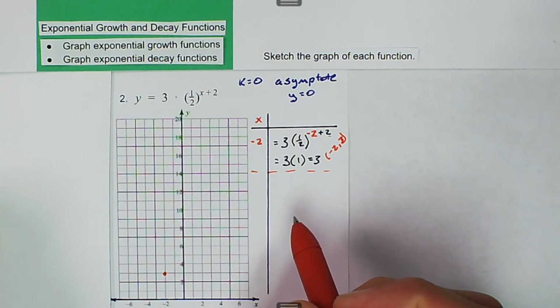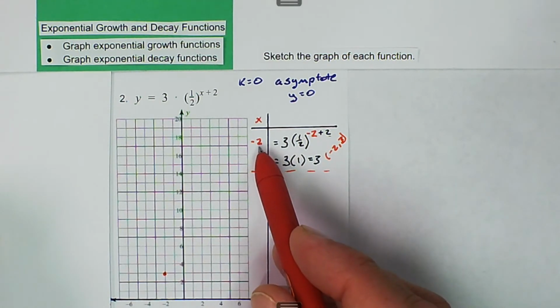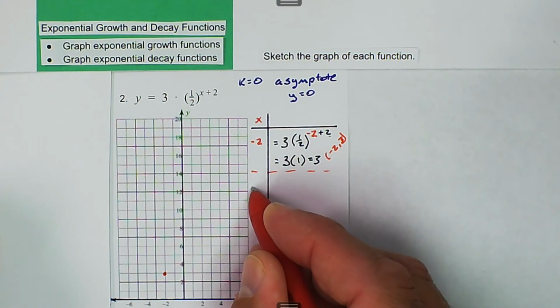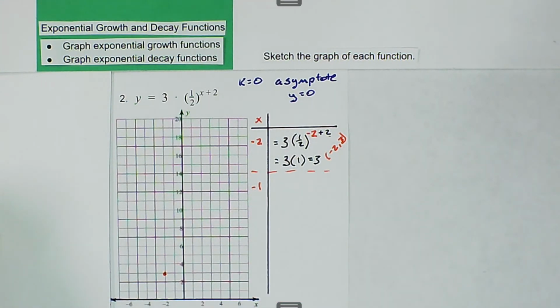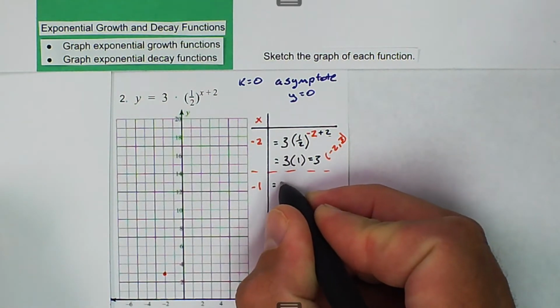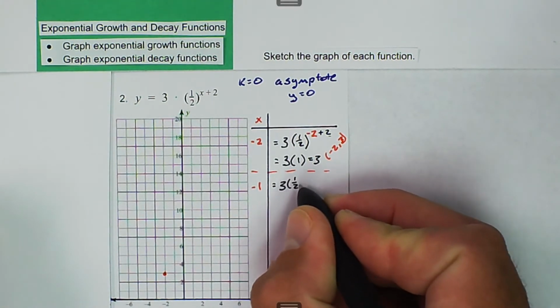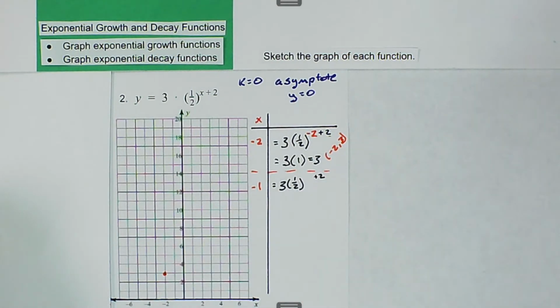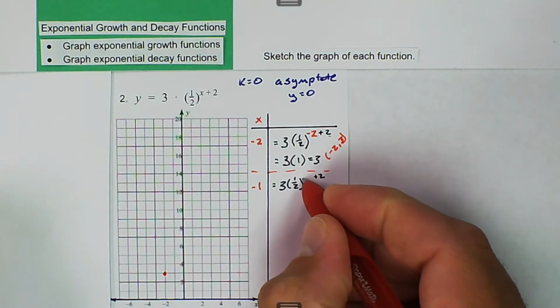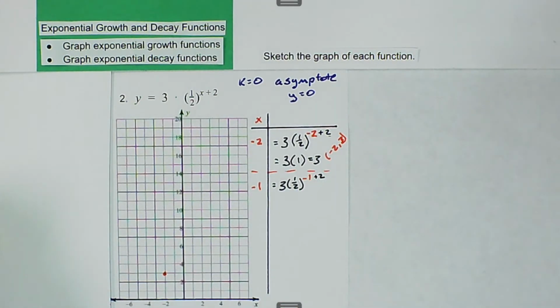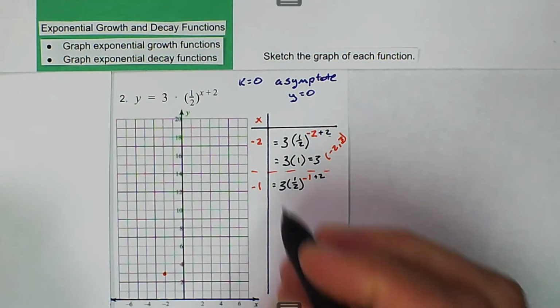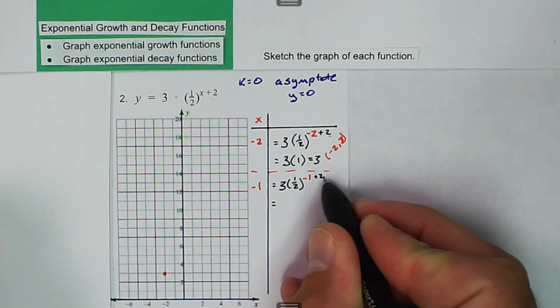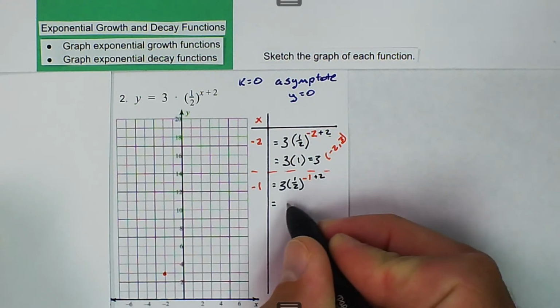Next one we look at, after we go to -2, we should try -1. And we're going to do the exact same thing, substitute the value in. So we get 3 times 1/2, and the +2 is always there. And this time we're going to substitute in -1. So when we do this, -1 plus 2 is 1.